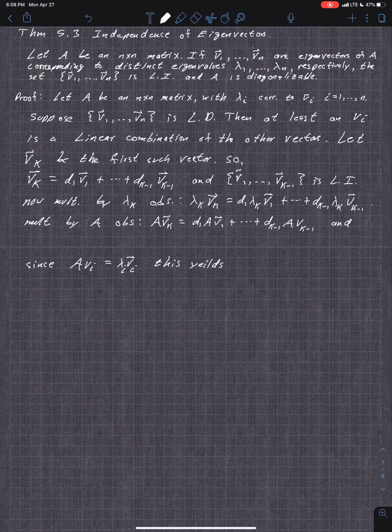You get lambda sub k v sub k equal to d1 lambda 1 v1, all the way to d sub k minus 1 lambda sub k minus 1 v sub k minus 1.